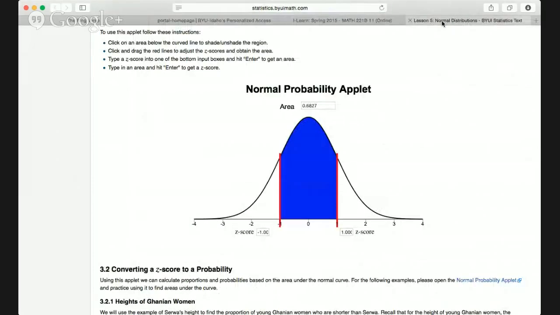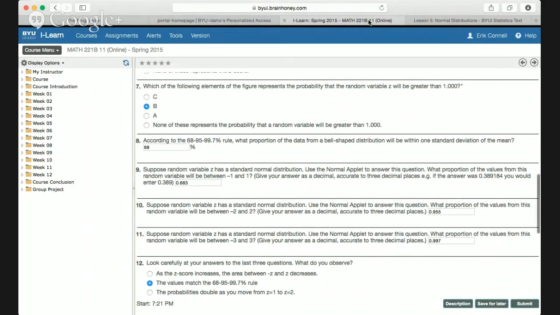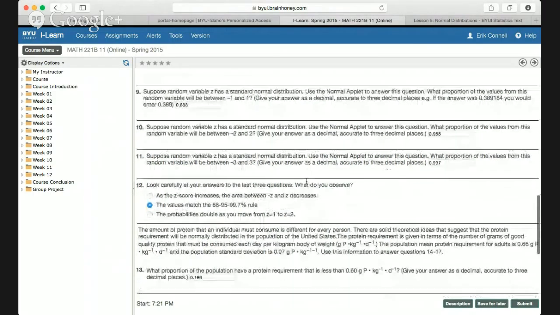So this is what I did. I put -1 and 1 in the z-score, and then just selected the area that's between the two, and gave that area as the answer. What I got was 0.683.